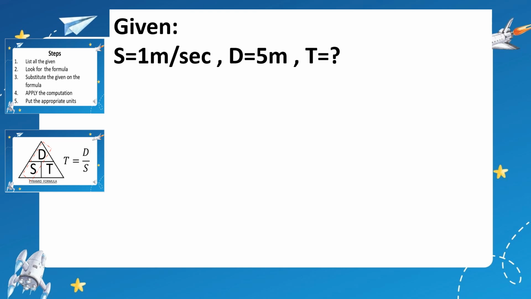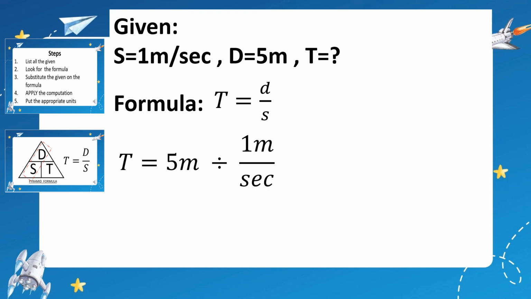And again, in math problem number 3, the time is unknown or missing. So the formula is time is equal to distance over speed. For step 3, just substitute the given into the formula. So we're just going to come up with this equation.